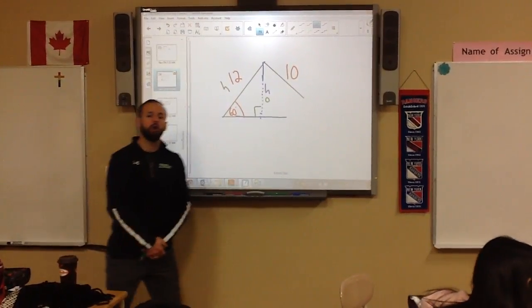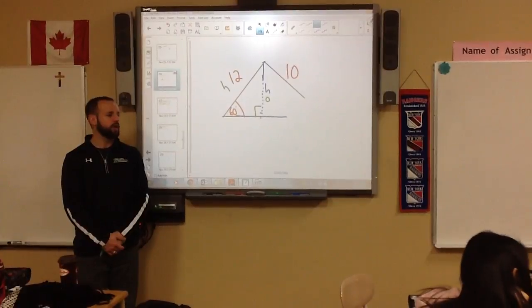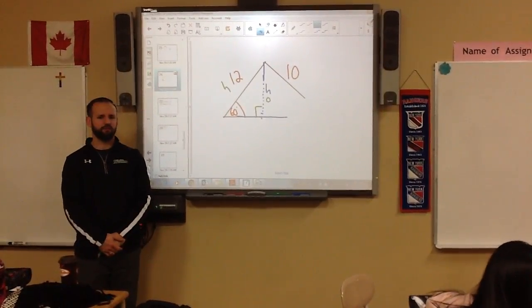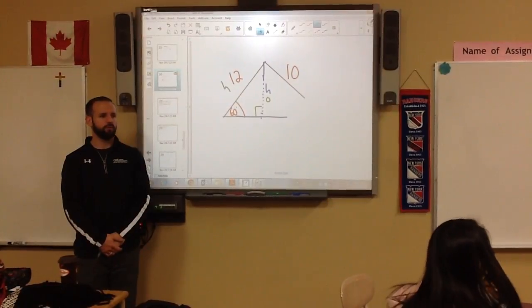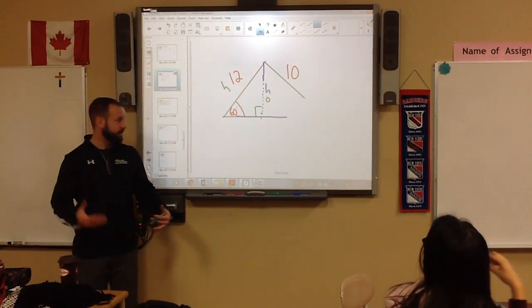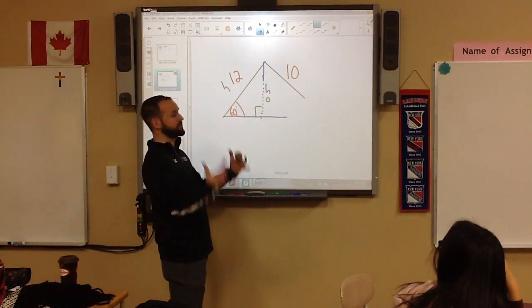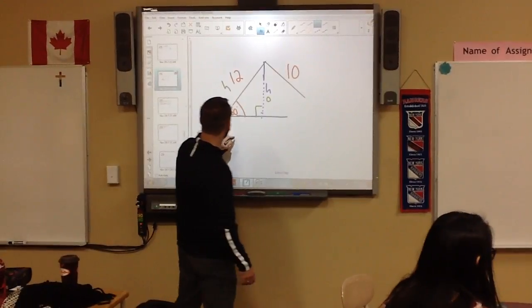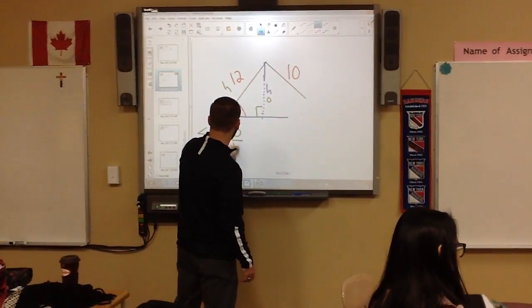I have my opposite, I have my hypotenuse. Does anybody know what trig ratio uses opposite and hypotenuse? I want 5 hands. 1, 2, 3, 4, 5. Wow, I got more than 5. Curtis, do you know what it is? Good. Not sine law, but the sine ratio. Sine theta is equal to opposite over hypotenuse.